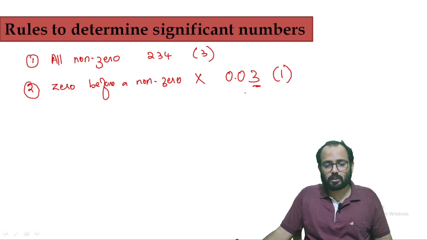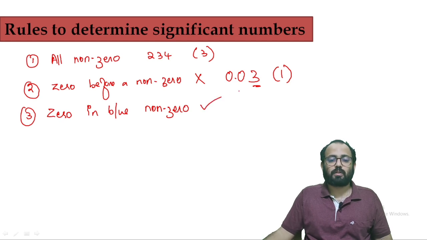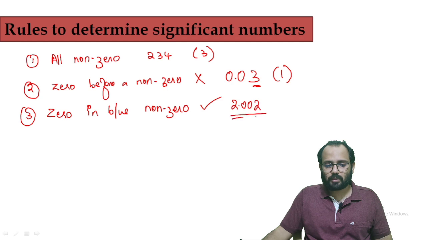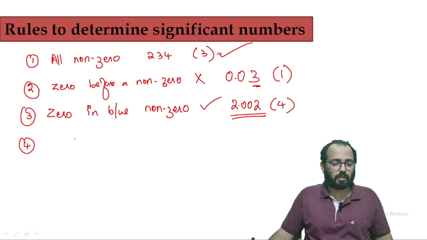Zero before a non-zero is not a significant figure, but zeros in between non-zeros are significant. So let's say 2.002. How many significant figures? 1, 2, 3, 4. 4 significant figures. So all non-zeros are significant. Zero between non-zeros is significant. Zero before a non-zero is not at all significant.